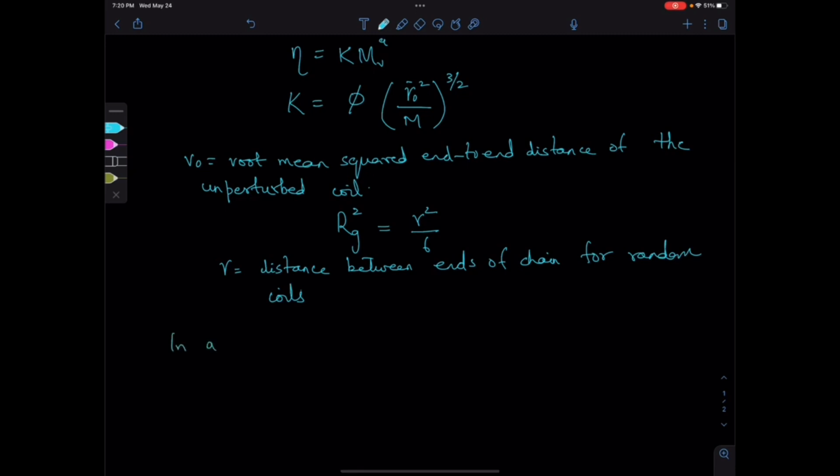In a theta solvent, polymer behaves as in the bulk.